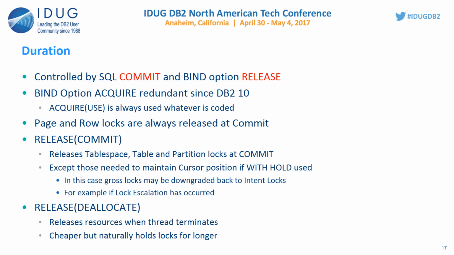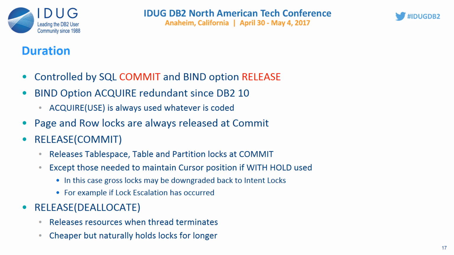Sorry about that. So if you code release commit, the tablespace, the table, and the partition locks are released when you do a commit. The only exception being if you've got a cursor with hold and DB2 needs to maintain one of the locks to maintain cursor position. All right. But by and large, the tablespace, table, and partition locks are released at commit time.